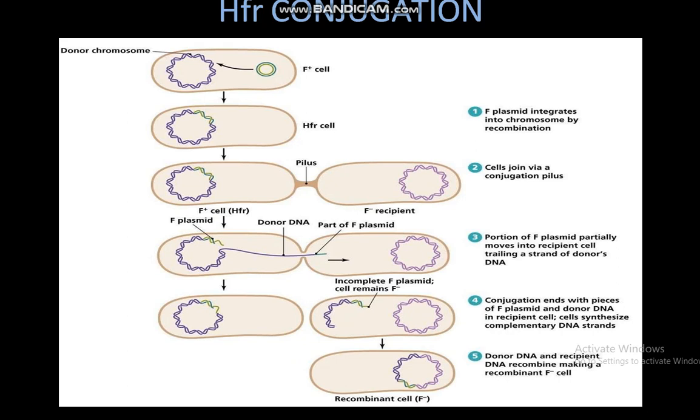The conjugation ends with pieces of F plasmid and donor DNA in the recipient cell. The cell synthesizes a complementary DNA strand. Donor DNA and recipient DNA recombine, making a recombinant F cell.